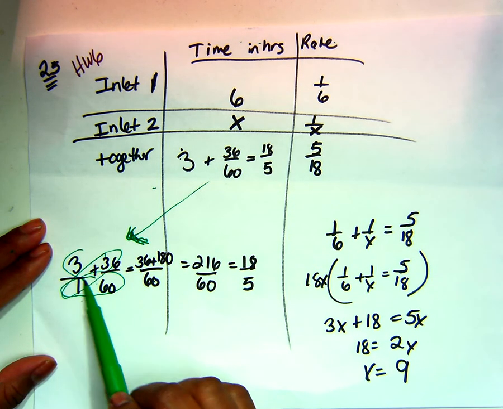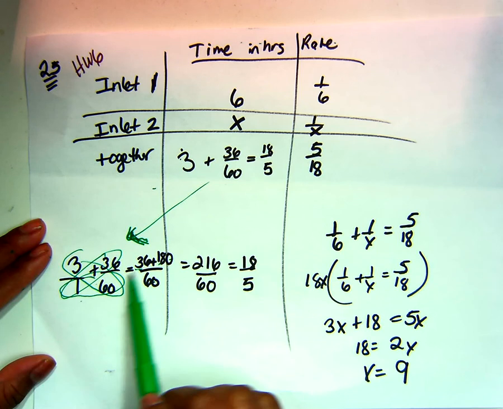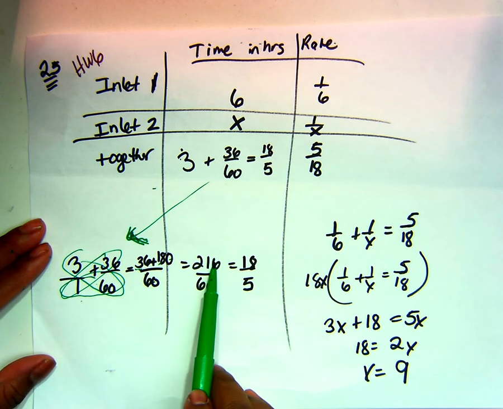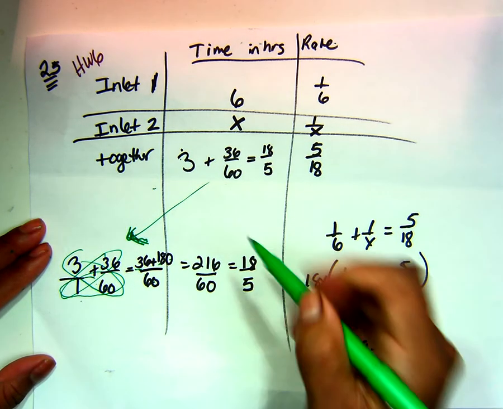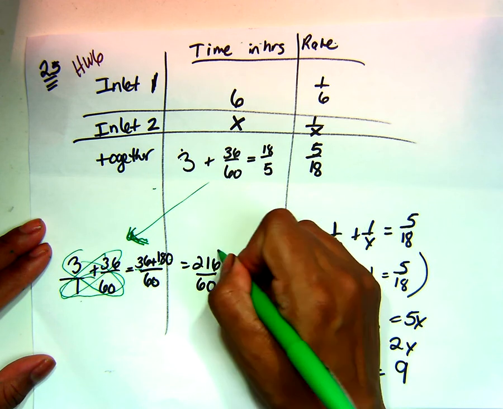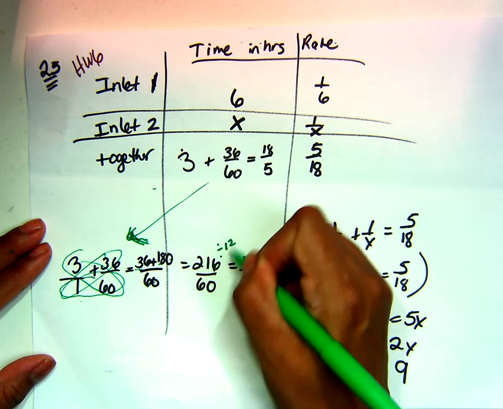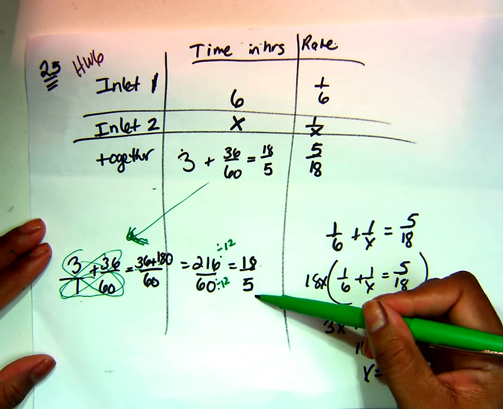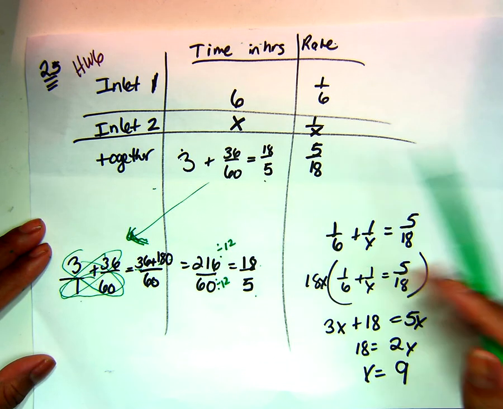And then 3 times 60 gives you 180. So far so good. 36 plus 180 gives you 216 over 60. I can simplify that by 12. So now I have the 18 over 5, which is where that came from.